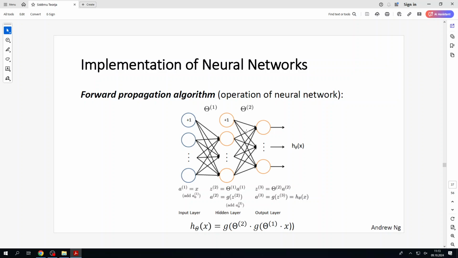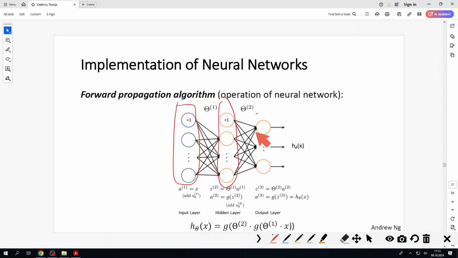Let's say that the inputs of each layer, yes, so like here, or like here, or accordingly here, are going to be denoted by a small letter A. So this is A of the first layer, this is A of the second layer, and this is A of the third layer.